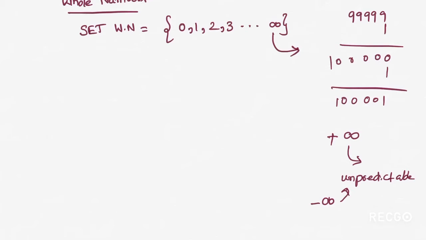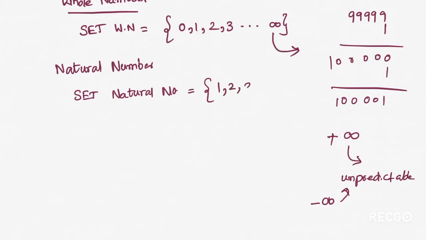Coming to the definition of whole numbers, it will start with 0 and 1, 2, 3 and so on to infinity. It means it is the natural numbers including 0. Now what is the definition of natural numbers? 1, 2, 3, and so on to infinity.